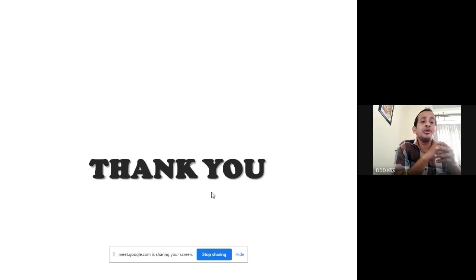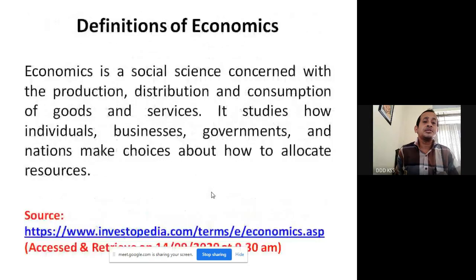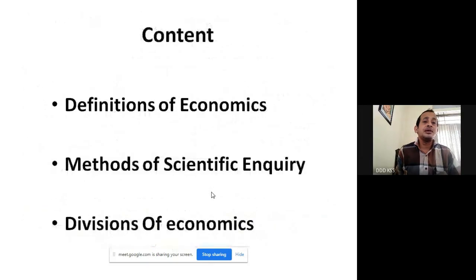Thank you everybody for participating in this session. Before finishing the session, I'll go through just the gist of the class. Today, we have discussed definitions of economics. From this chapter, further we'll discuss methods of scientific inquiry and division of economics.